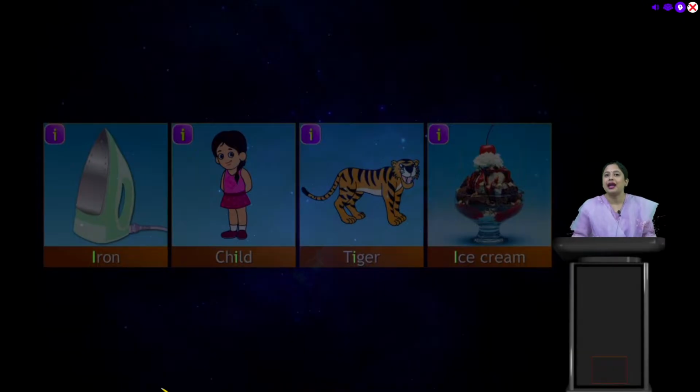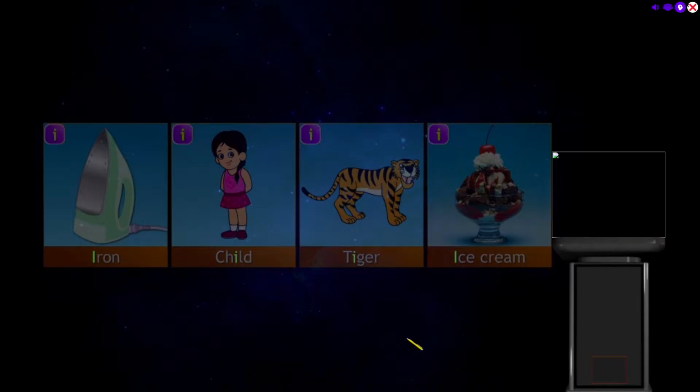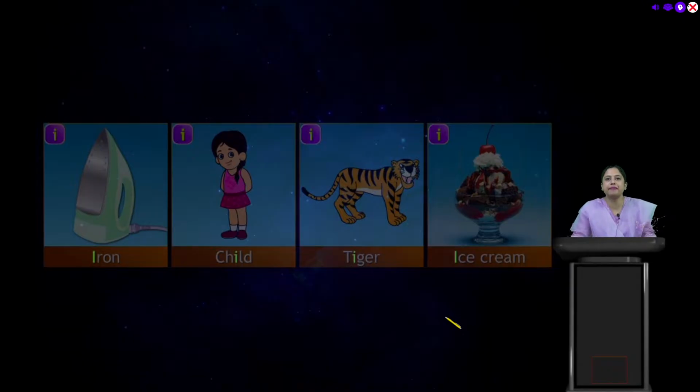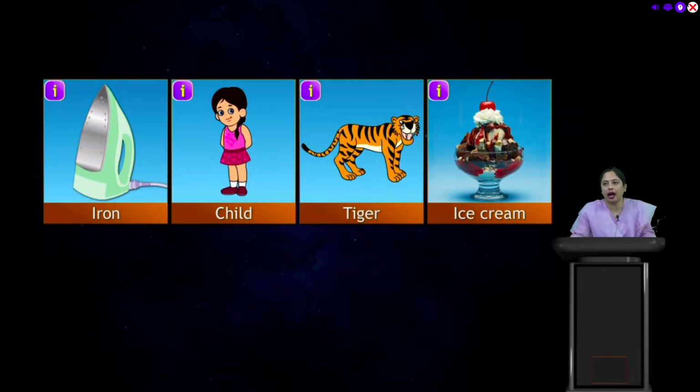Child, tiger, ice cream. In the previous frame, we have seen that I produces an E sound. Yes, pill, pit, pig. The same I here produces a sound which is similar to E-Y-E, I. It produces a different sound, which is the I sound. The same letter I, the same vowel, produces a different sound.